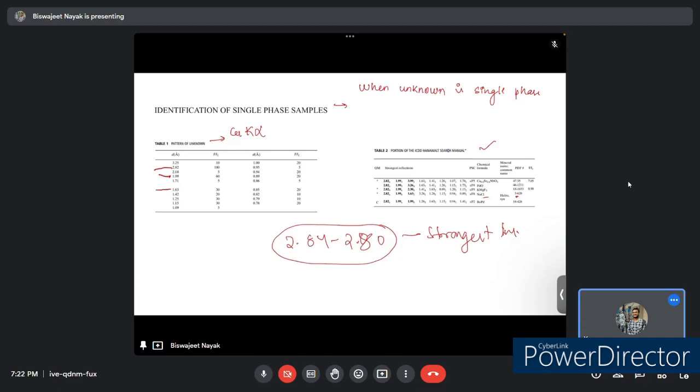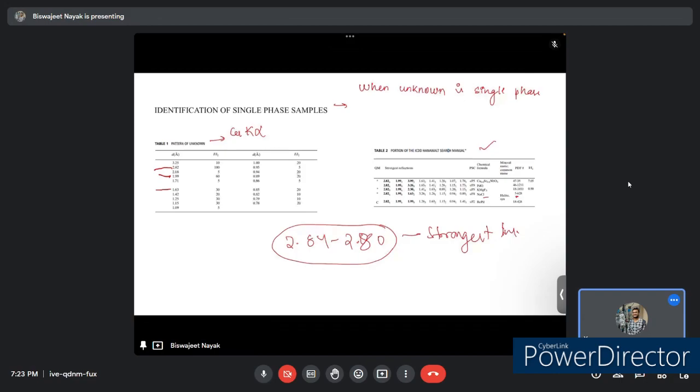For NaCl we can see the value for D3 equals 1.63. Here we can note that the intensities listed for the three strongest lines of this substance agree fairly well with the observed intensity, and so do the data for the other five lines.